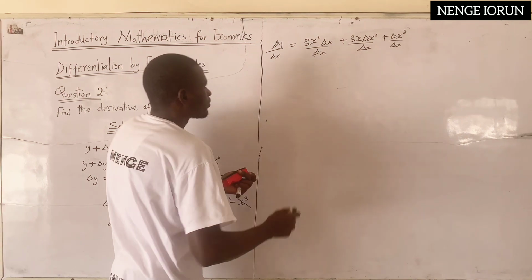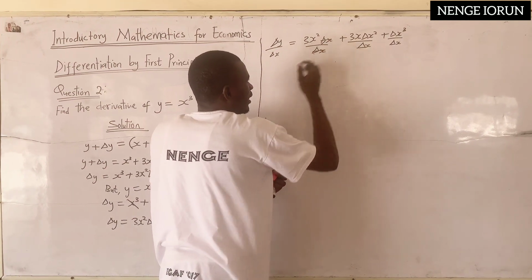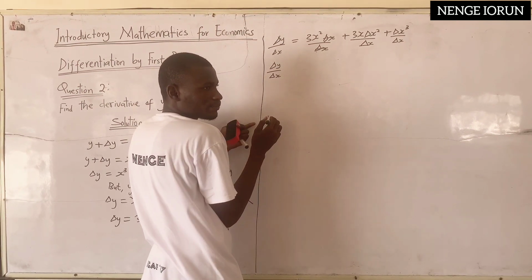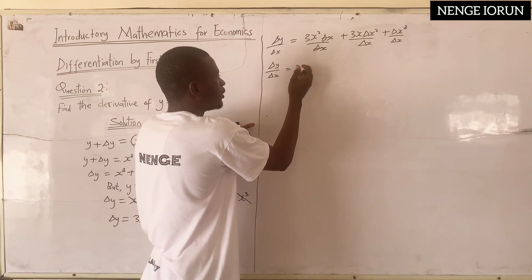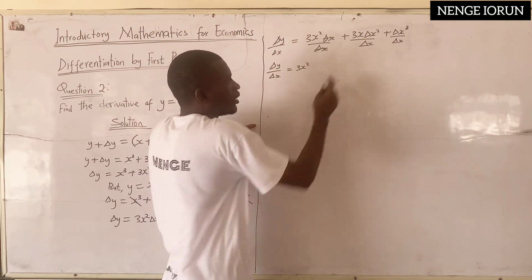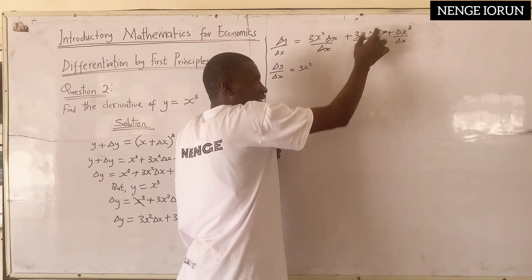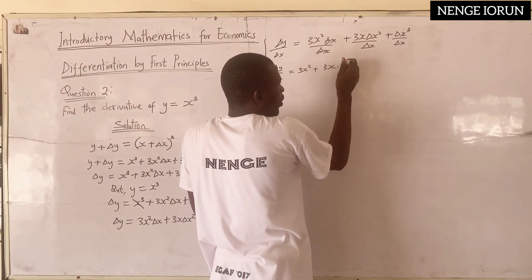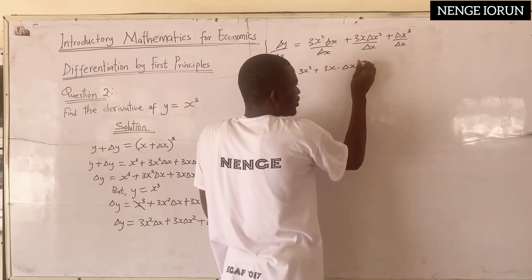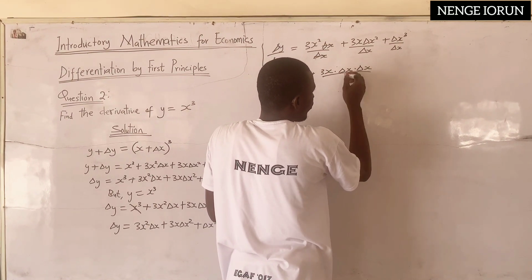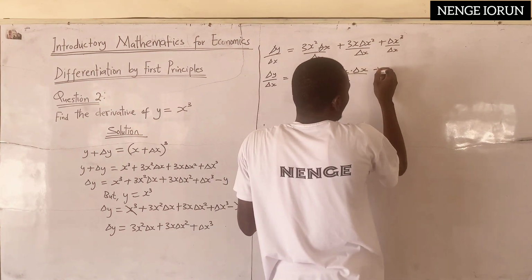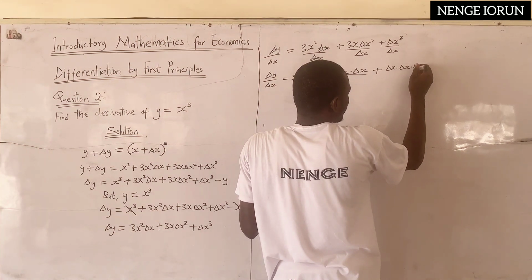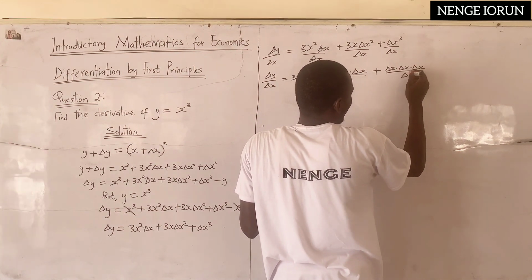You will discover that delta x will go with delta x, and you have delta y over delta x is equal to 3x squared, plus delta x dot delta x dot delta x over delta x, plus delta x dot delta x dot delta x over delta x.